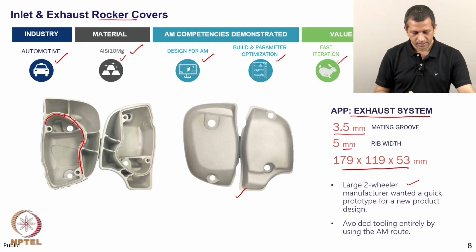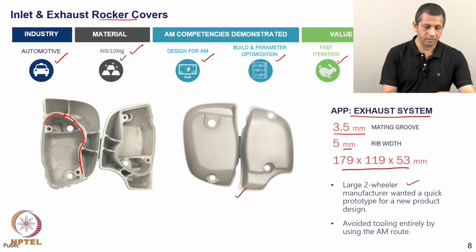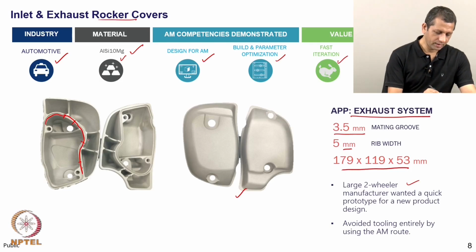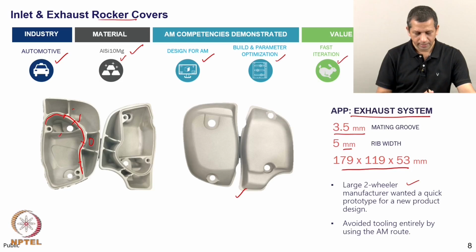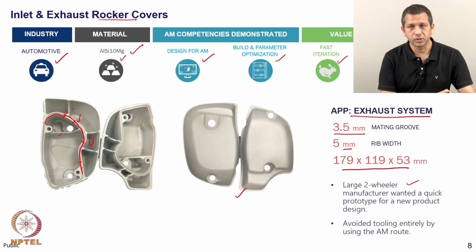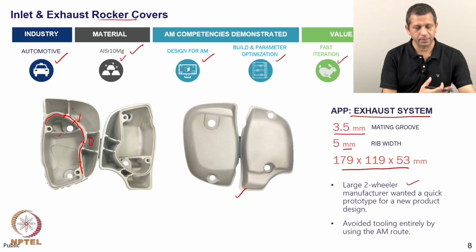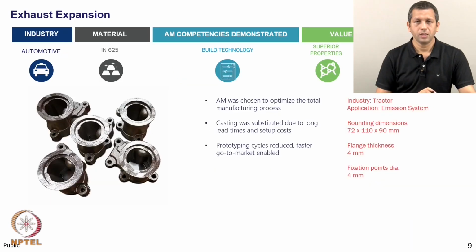In this case, it is very important to see, like in other examples also, that there are several cavities, there are grooves, and there are thin sections as well, and even with those there is no need of having any prior tooling or molds.